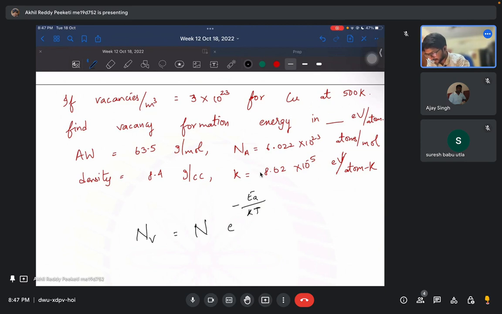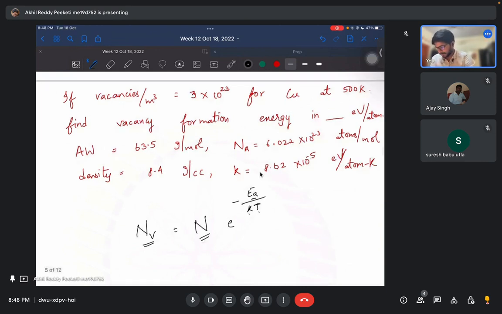K is the Boltzmann constant, T is the temperature, Q is the activation energy to form a vacancy, and there is an exponential. This is the total number of vacancies, and this is the total number of atoms. So this follows an exponential equation. Equations like this appear wherever an activation energy is needed.